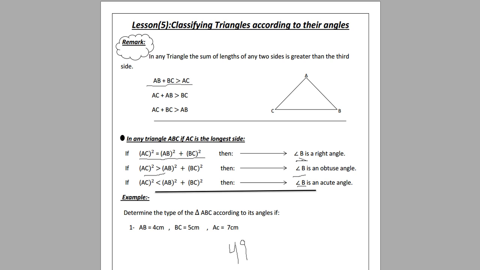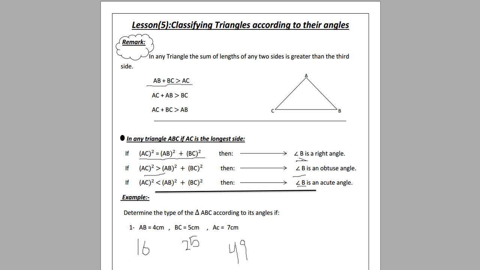So is the biggest side squared equal to the other side squared plus the third side squared? So we'll add 25 to 16. 5 plus 6 is 11, write 1 and carry 1, 1 plus 2 is 3, plus 1 is 4, so 41. So the sum of these two squared sides is 41, and this one is 49, which is bigger.